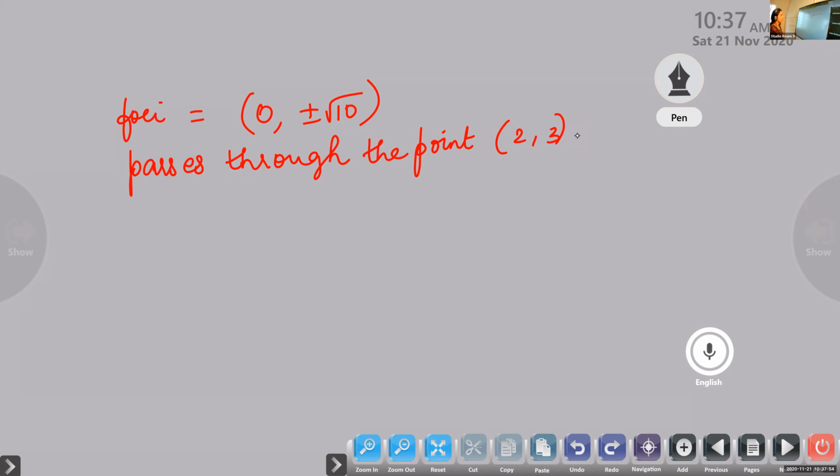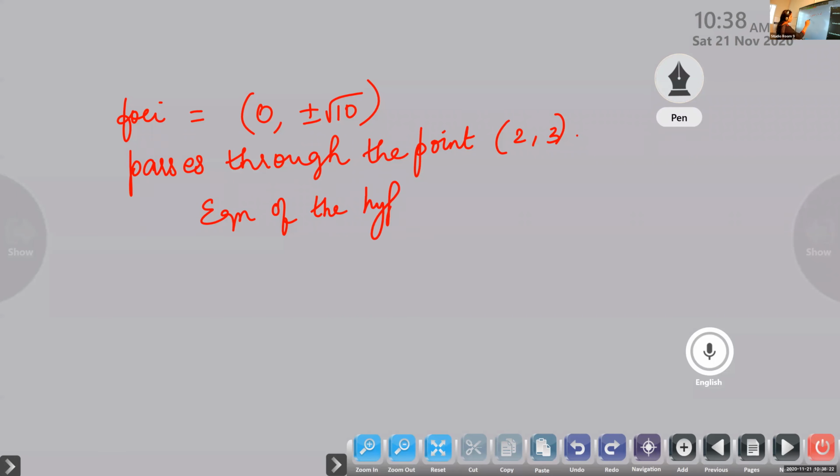How to solve this? Find the equation of the hyperbola passing through the point 2, 3 whose focus is 0, plus or minus root 10. Look at the focus. From the focus, what can we see?